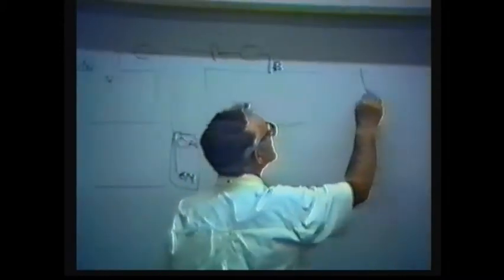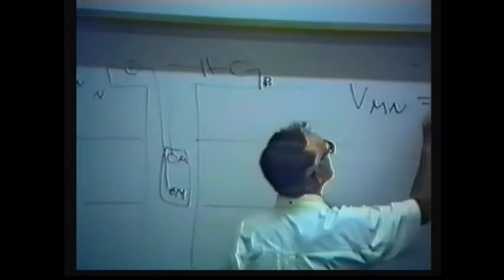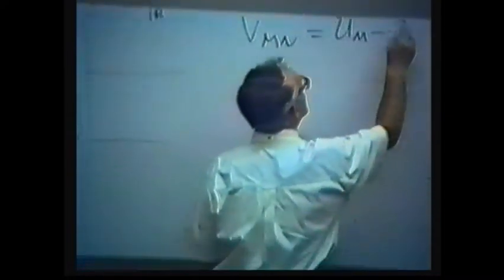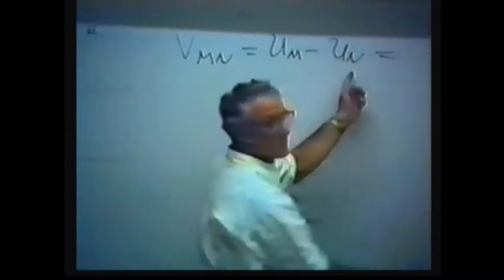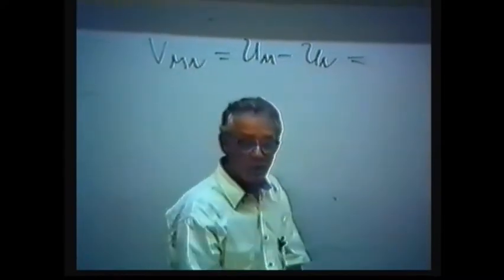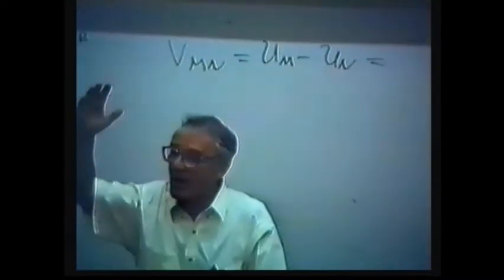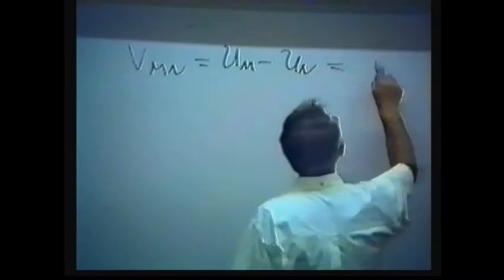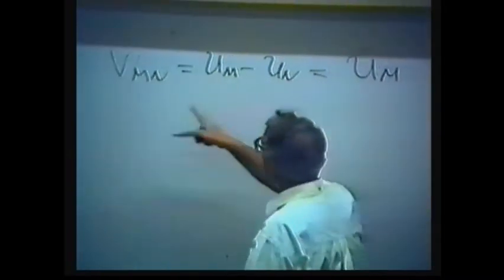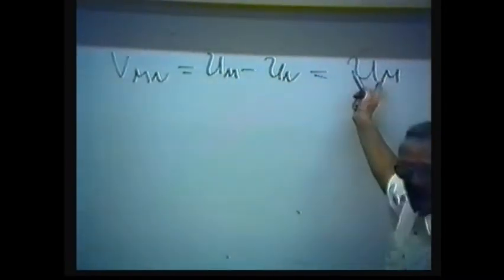So Vmn equals Um minus Un. Since it's far away, we are at depth 1,000 feet, 5,000 feet, we measure Um. Voltage is equal to Um.